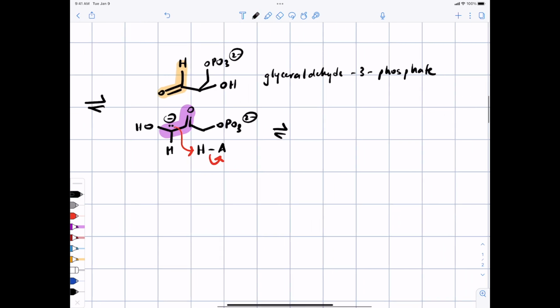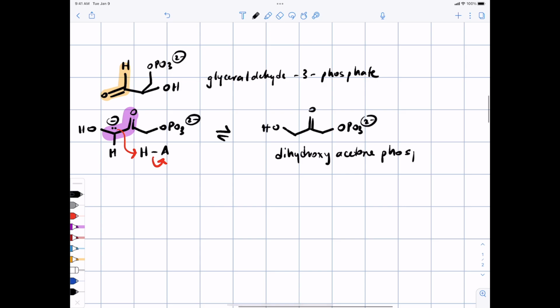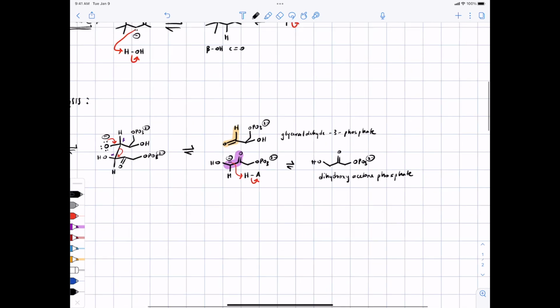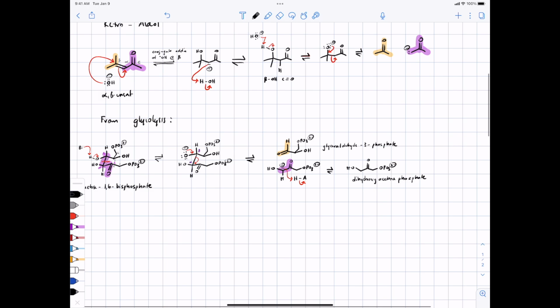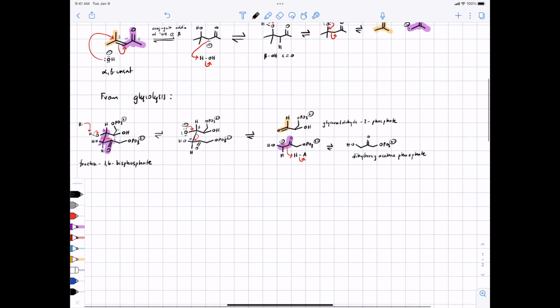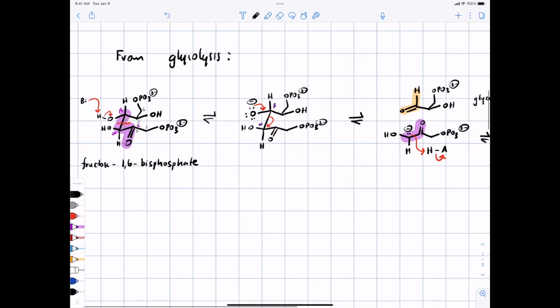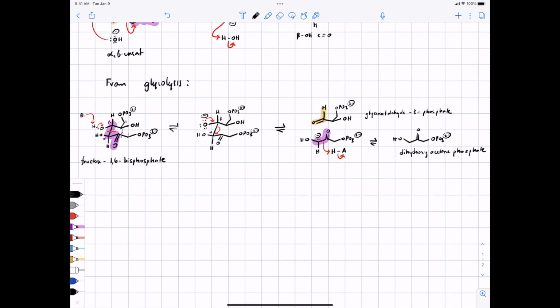And then that becomes what you will later learn is dihydroxyacetone phosphate. So this is a key step in glycolysis. It takes a 6-carbon precursor and breaks it up into two 3-carbon precursors, which you can then do subsequent reactions with.